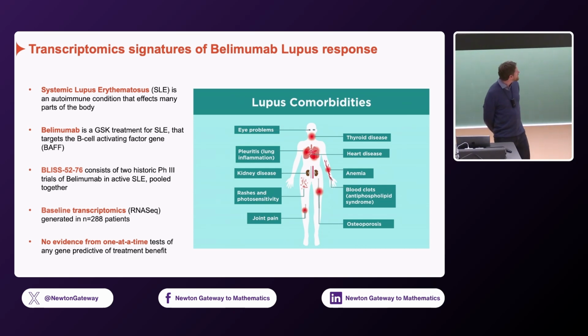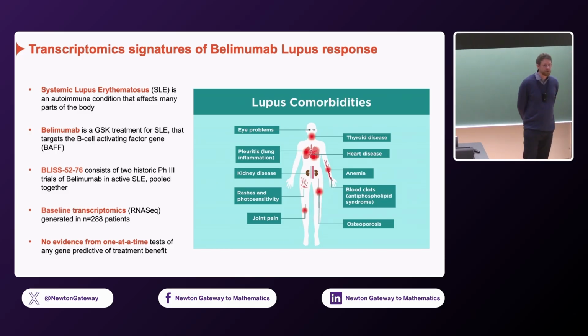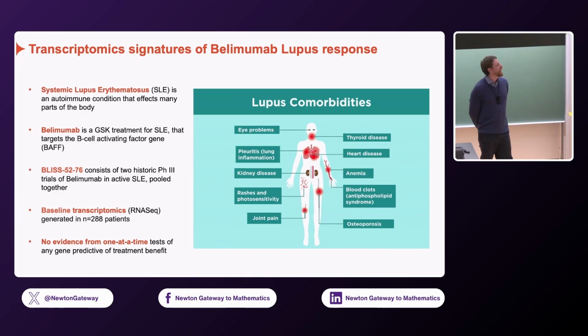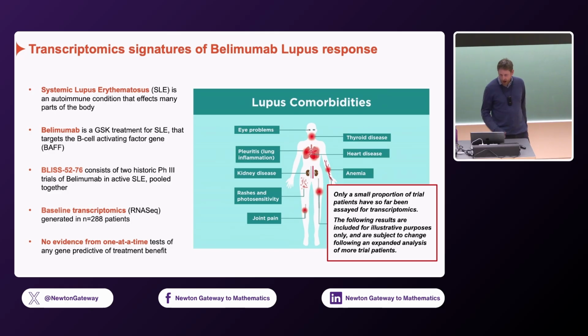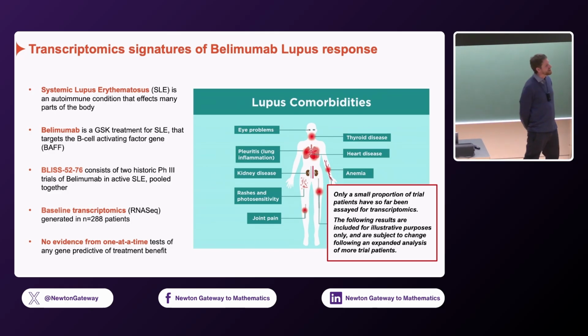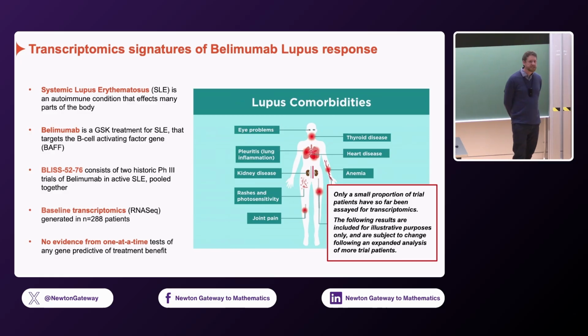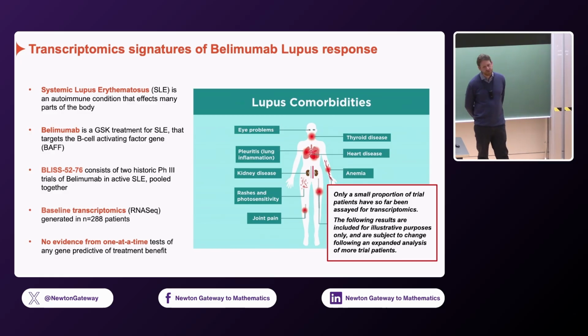52 and 76 is a pooling of the original pivotal trials that were used for filing, and baseline transcriptomics were measured in a subset. Need to be clear, only a small portion of the overall trial patients have been assayed here, so this is very much, in our view, a proof of concept.